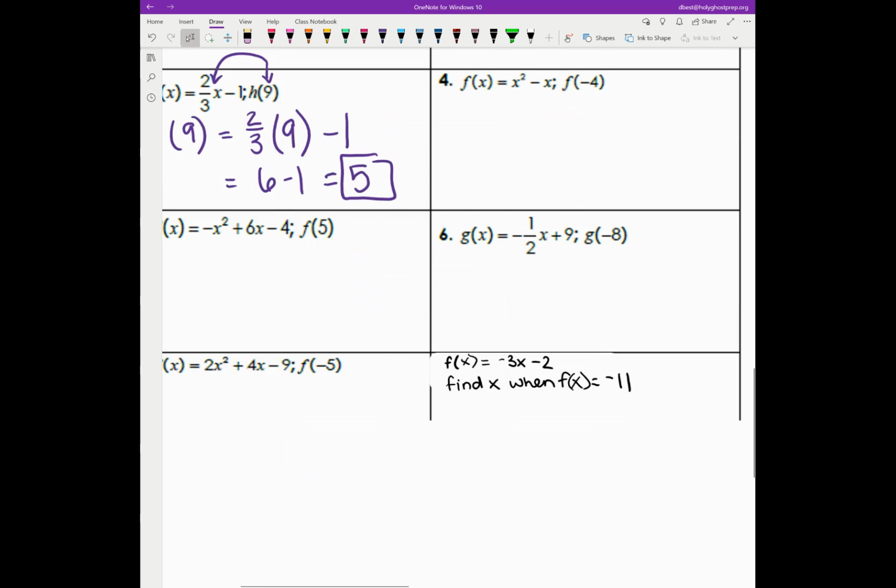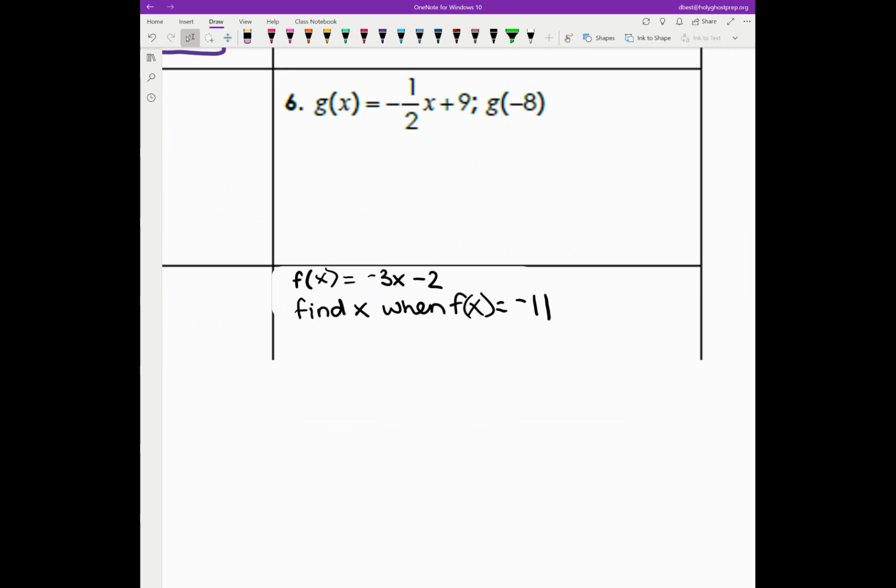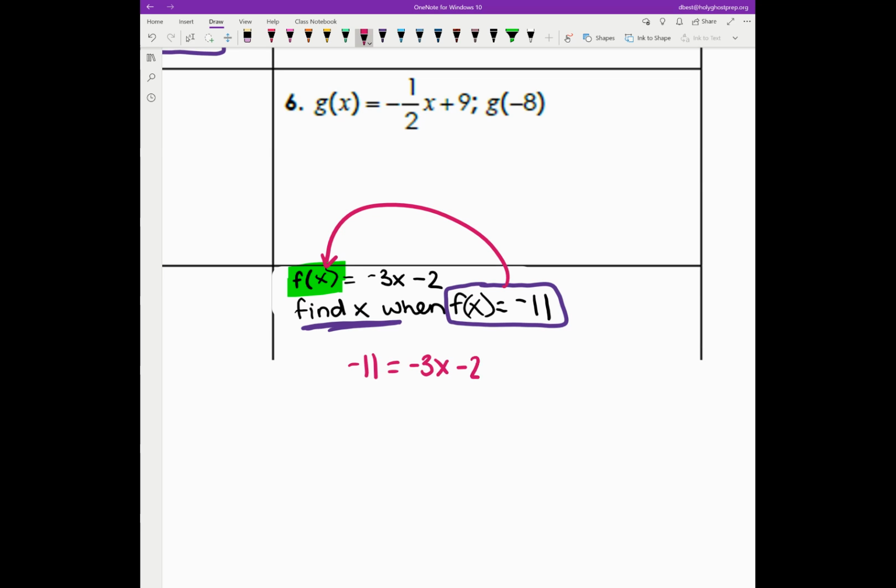And the last one I'm actually going to do for you is over here in the bottom right corner, where I tell you f of x equals negative 3x minus 2. And we're going to do the opposite. We're going to find x when f of x equals negative 11. So now this whole thing, f of x equals negative 11, is going to replace the f of x in our equation. So now I have negative 11 equals negative 3x minus 2.